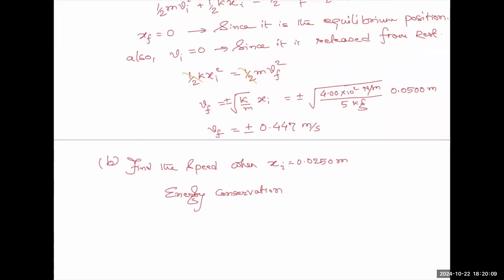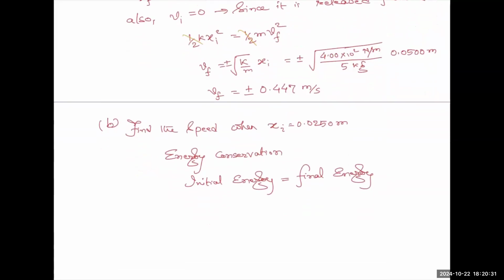And so my initial energy is again half k xi squared. Let me write it in words. So initial energy is equal to final energy, right?